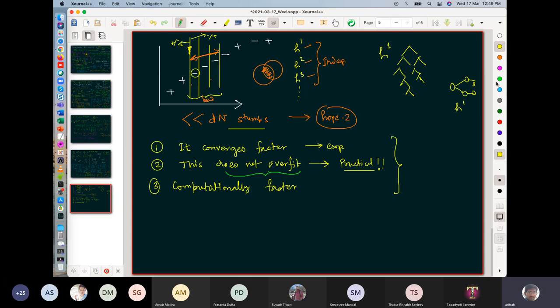All of these three make AdaBoost a very practical algorithm, and you will see it being applied everywhere, including the Netflix prize competition. The top entry uses ensemble techniques to ensemble the movie ratings. That is the top winning technique. If you see the list, in the top or second top, there is the name of the user and the name of the algorithm, something referring to ensemble. So that's an ensemble algorithm that they used.